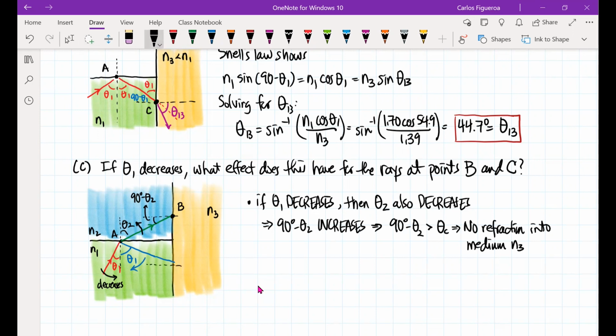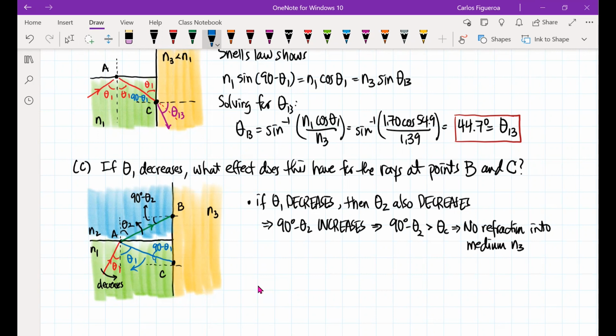This point right here is the point C. If theta 1 decreases in a very analogous way, then this angle right here is 90 minus theta 1. So what happens?